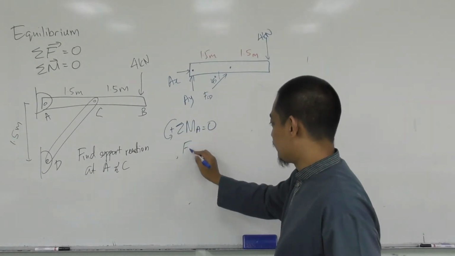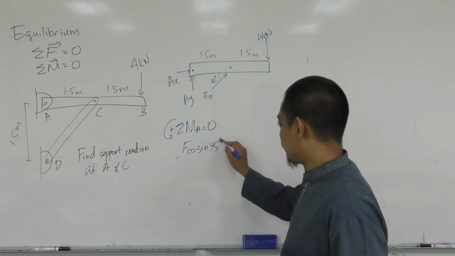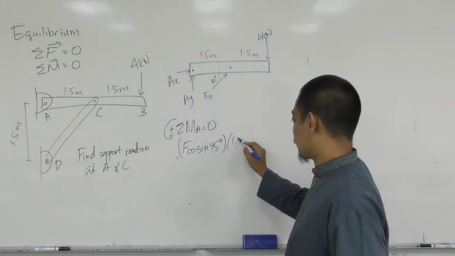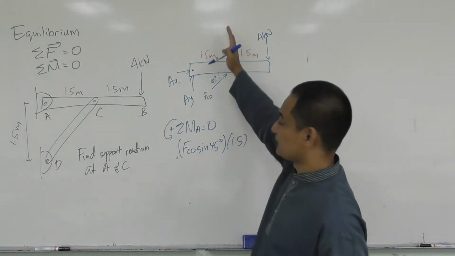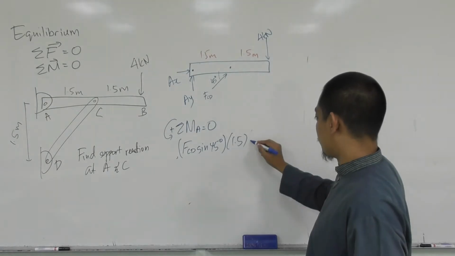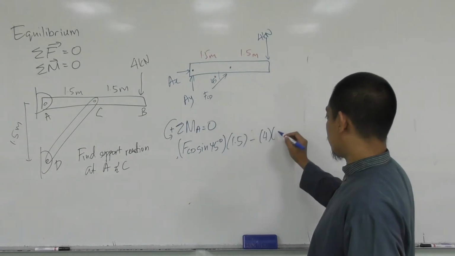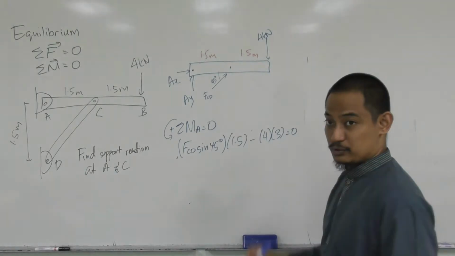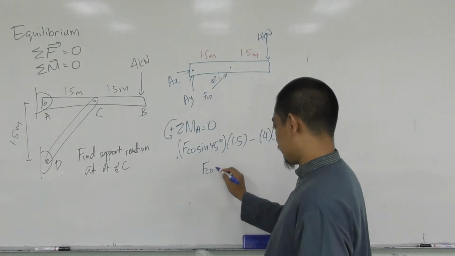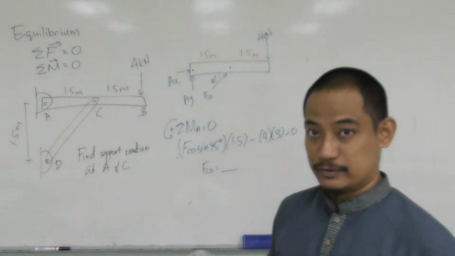So FCD sine 45 degrees, this is the vertical force, times the distance of 1.5, right? And then this one is producing clockwise, so minus 4 kilonewton times the total distance of 3 meter. That should be equal to 0, right? And hence you can calculate FCD equal to whatever value that we have, right?